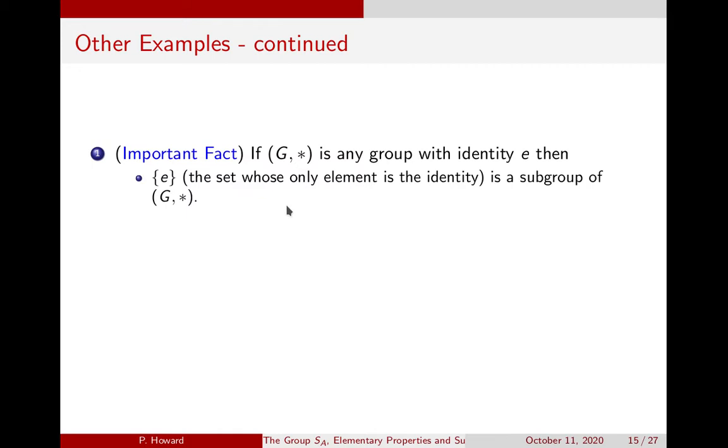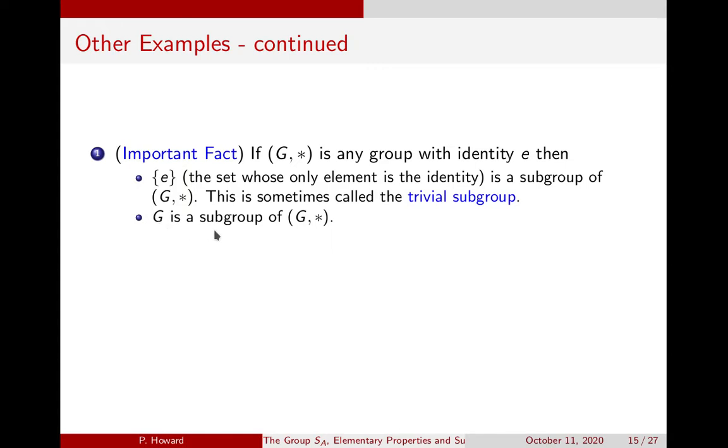So every group has this single element subgroup, which is sometimes called the trivial subgroup. And in addition, capital G is a subgroup of capital G comma star. So every group has two subgroups, and as long as G has more than one element, these two subgroups, the trivial subgroup and G itself, will be different.